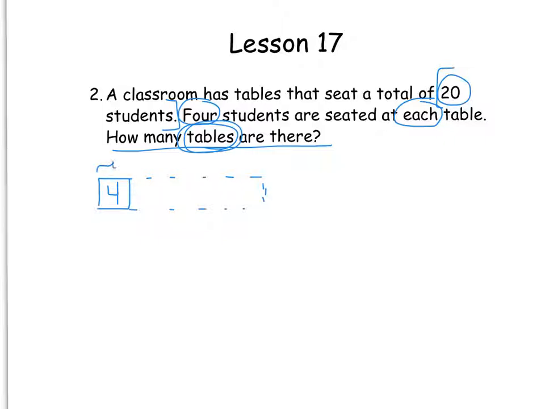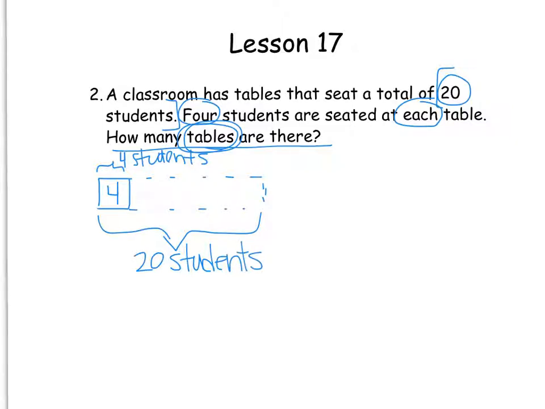I can label this for students, and I know that my whole tape diagram represents 20 students altogether, because that's what it says in my word problem. They're asking me to find how many tables I need, and the tables are going to be the number of groups.